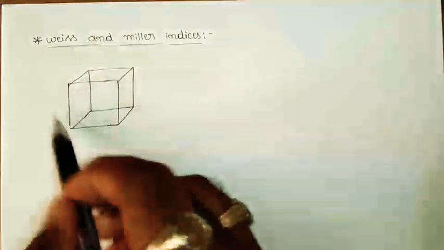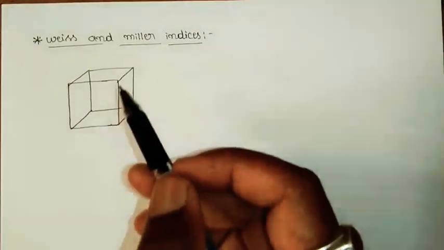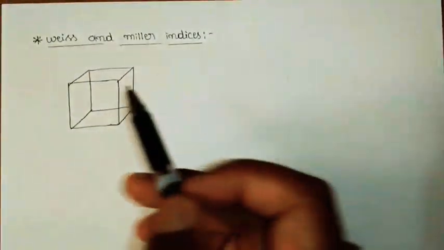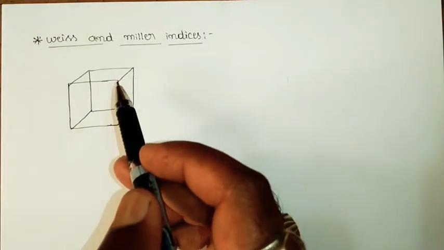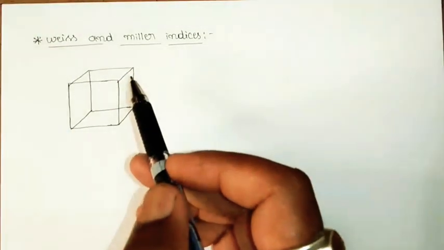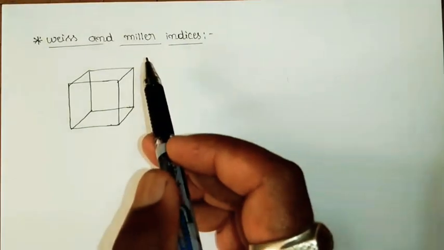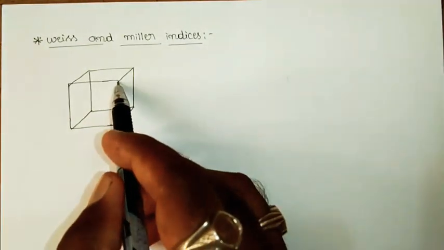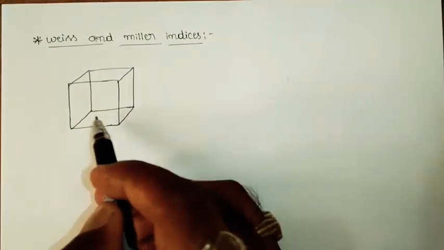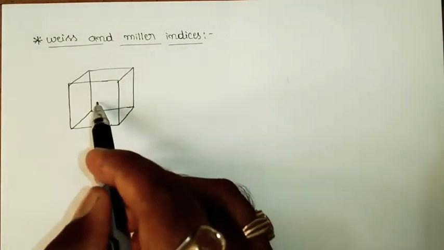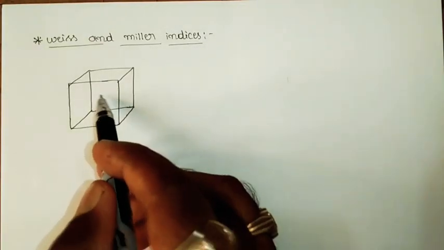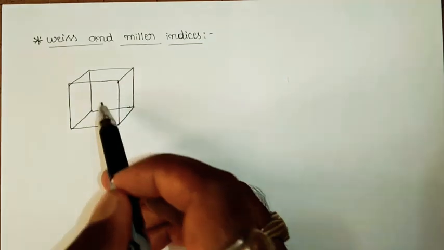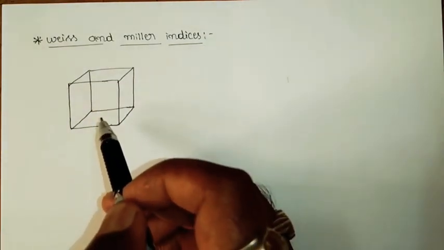And here we'll be having corners, edges, faces, and so on, and at each position we will be having one constituent particle from which the crystal is made up, and we call that constituent particle a lattice point. And the lattice points may be present at the corners, at the edges, at the center of the faces, or in the center of the unit cell also.